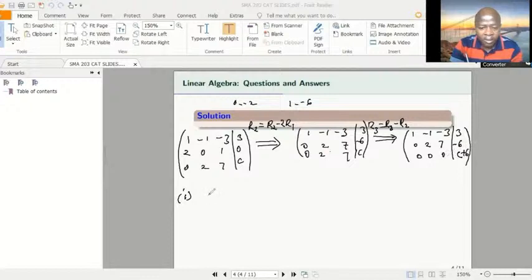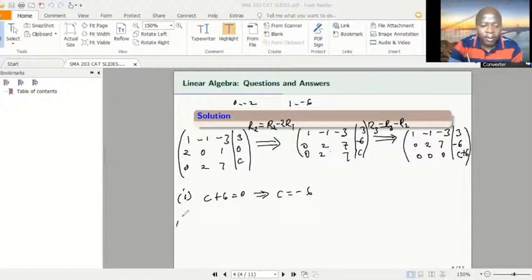So that means C plus 6 should be 0. In other words, C should be negative 6. So if C is negative 6, then this system would have infinitely many solutions. So this would be 0, 0, 0, and then this top point should also be 0.